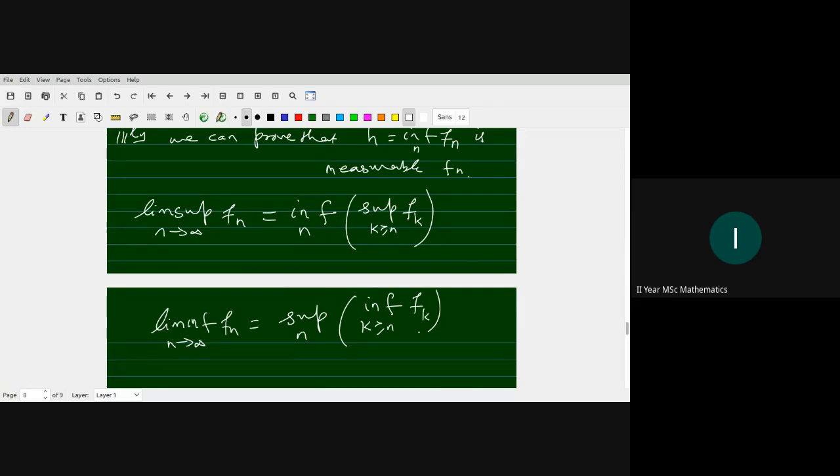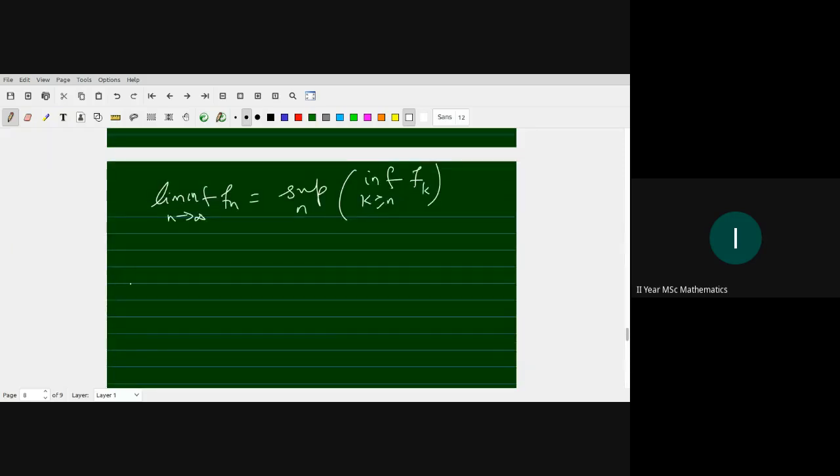By the previous two parts, the supremum and infimum are measurable, so the above two functions are measurable.